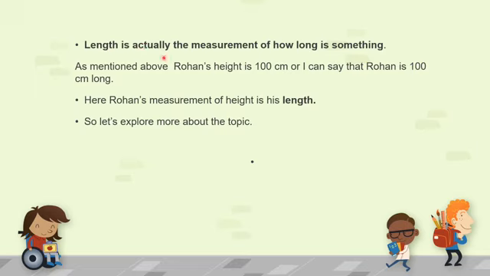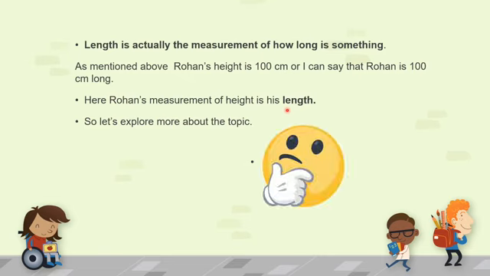Length is actually the measurement of how long something is. Now in the previous slide, we just talked about Rohan's height. And what did we say? Rohan's height is 100 centimeters. Or we can also say that Rohan is 100 centimeters long. Here, Rohan's measurement of height is his length. How long is Rohan? 100 centimeters.